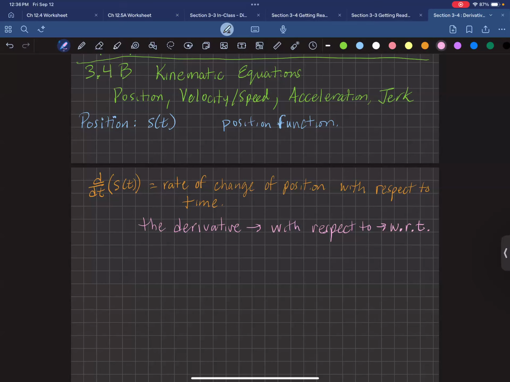Whatever comes after it represents what variable the derivative is affecting.